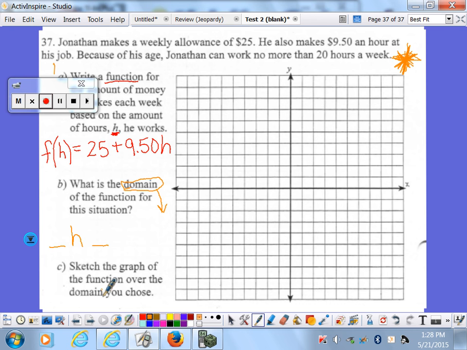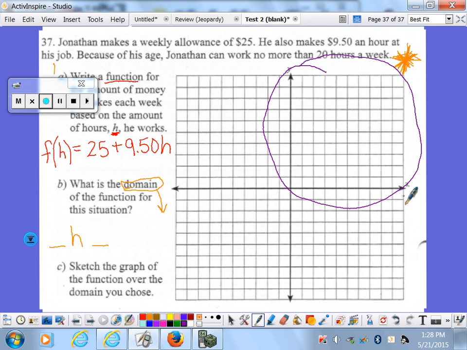And then letter C. Sketch the graph of the function you chose over the domain that you chose. Okay, so you make sure you only go from your values that you used in letter B. Stories, remember, always occur in the first quadrant, which is that one. So you should only be making your graph in that section there. You want to make sure that you choose a scale that'll fit your domain.